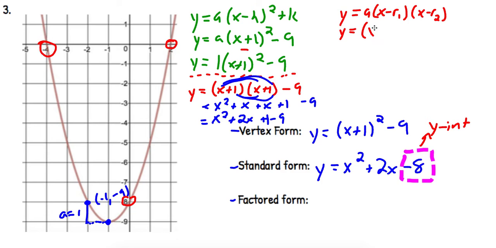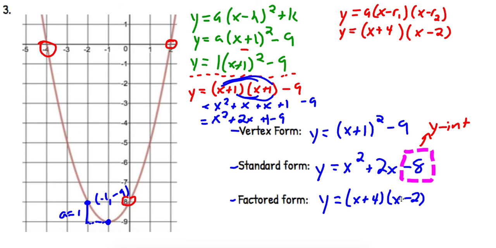I'm going to have x minus negative 4, or the same as x plus 4, and then x minus positive 2. And that's it for my factored form. So y is going to equal x plus 4 times x minus 2.